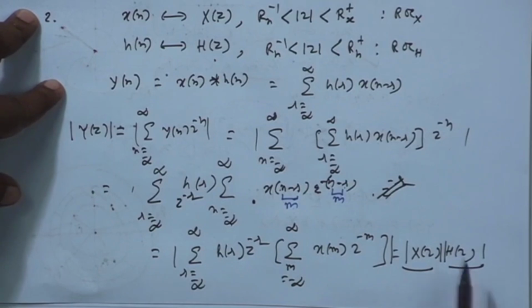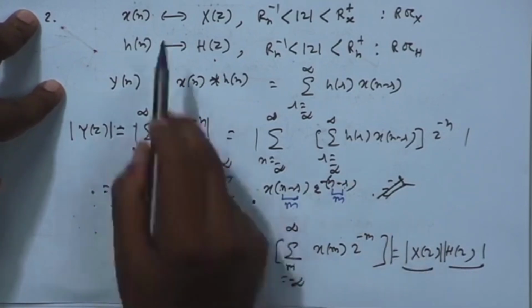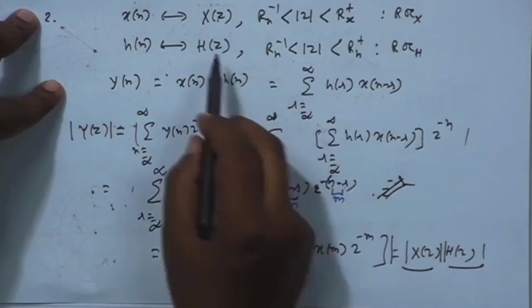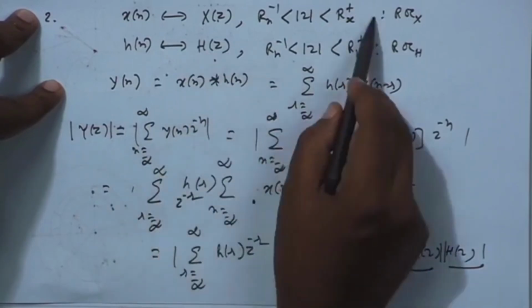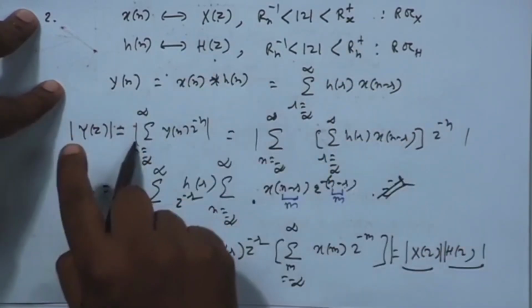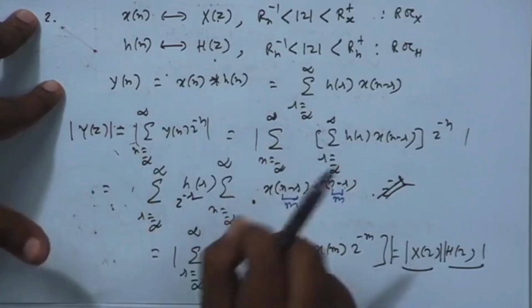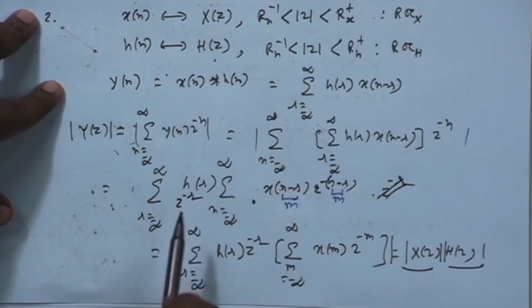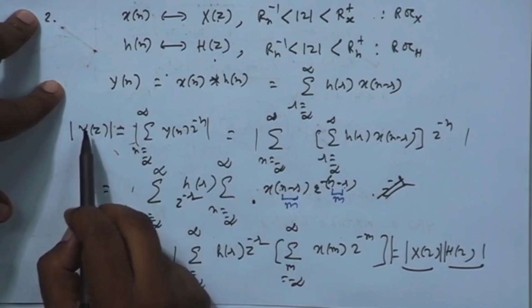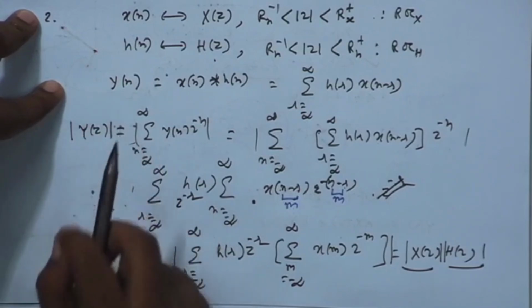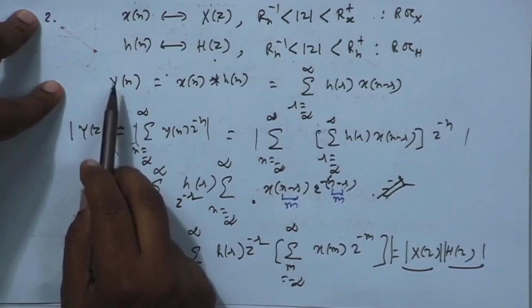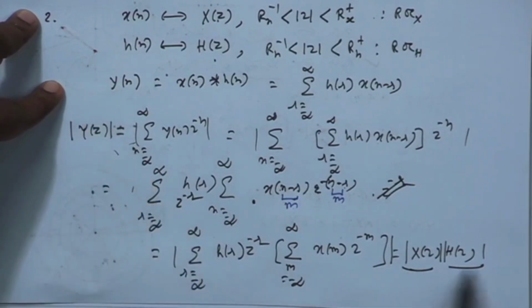This should be finite in the ROC of X z, and this is finite in the ROC of H z. If the two ROCs have some overlap like the previous example, then that overlap area will be the common ROC for Y z. I should pick z from there, and there the z transform of y n, capital Y z, will be the product of the two z transforms.